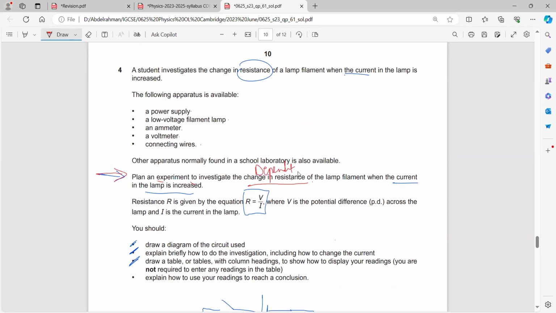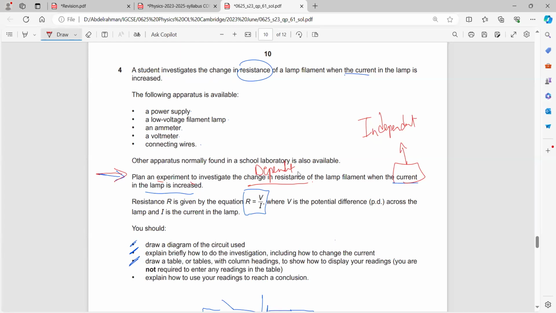This is the dependent variable. When the current is increased, this is the thing that you are controlling, the thing that you are changing. So the current is the independent variable.